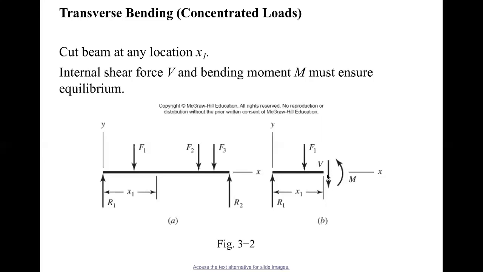It doesn't matter whether you put V upwards or downwards. If you put it upwards and you find V is negative, that means it's downward. If you put it downward and you find V is positive, that means your assumption is correct. So it doesn't matter, because eventually you get the opposite sign. So use a force balance in the y direction, and you can find V.